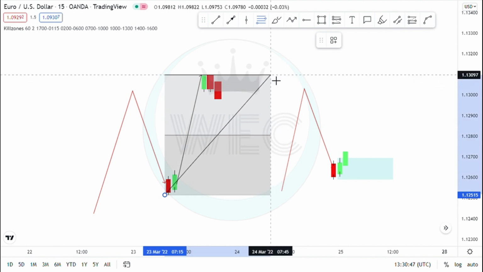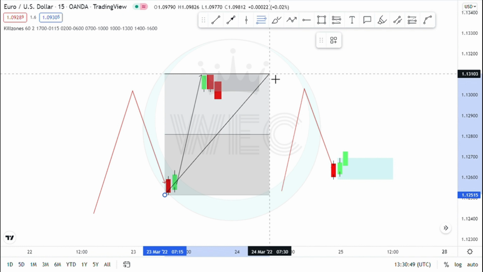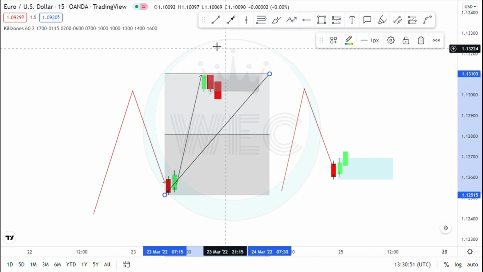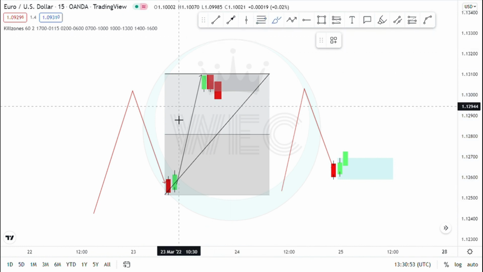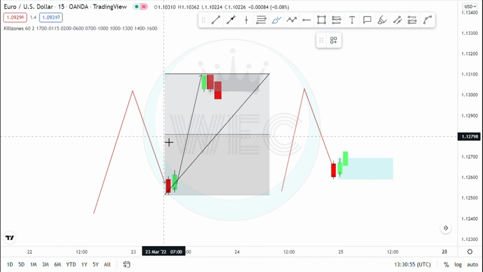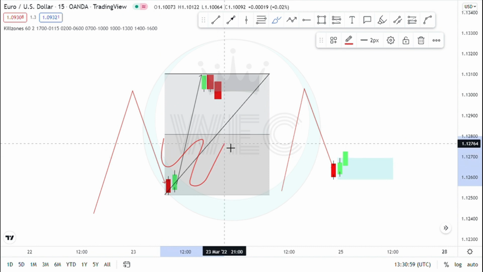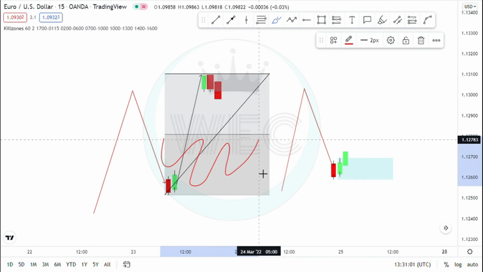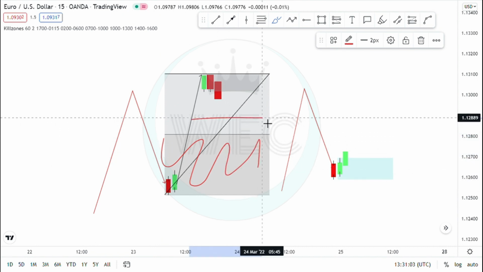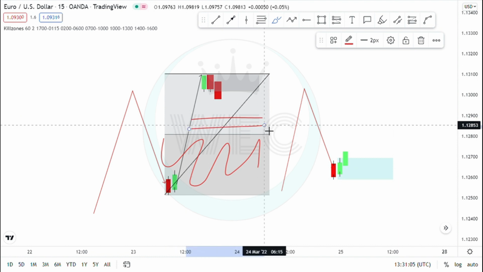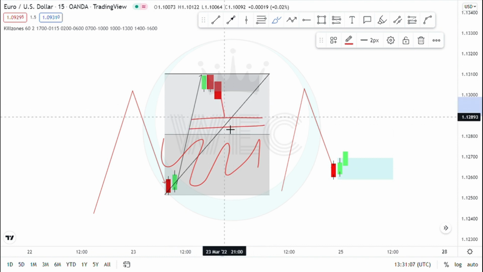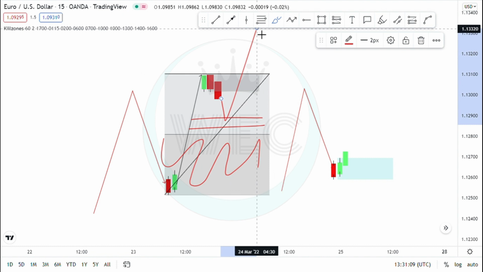So I'm going to spread my Fibonacci tool from the low to the high, and then I'll make sure that any candle that I would choose as an order block is within these discounted zones. If I have an order block above equilibrium, I'm not going to choose that because it is likely going to fail.